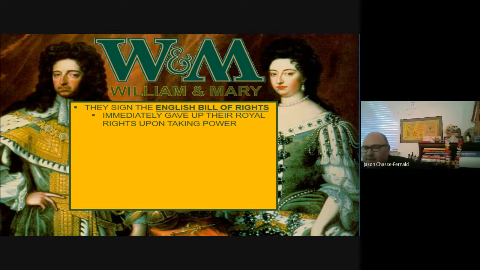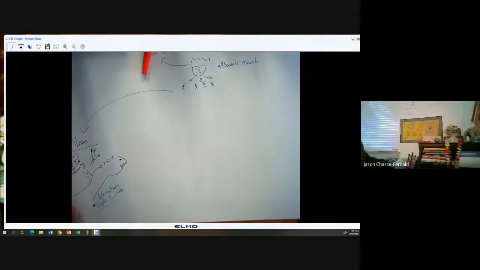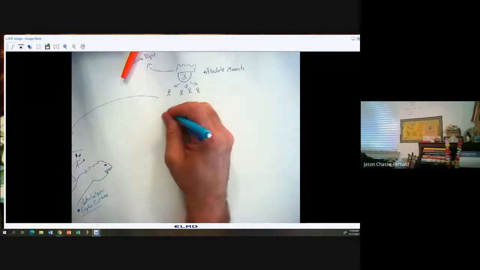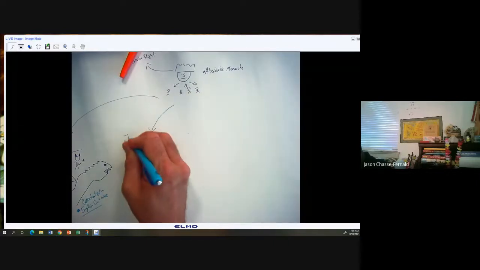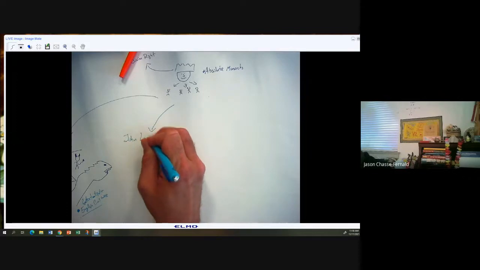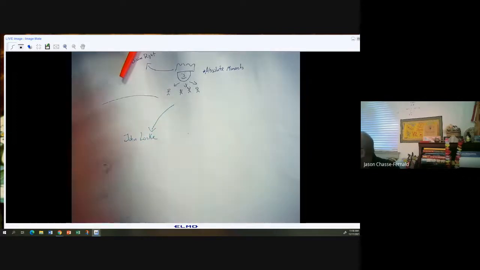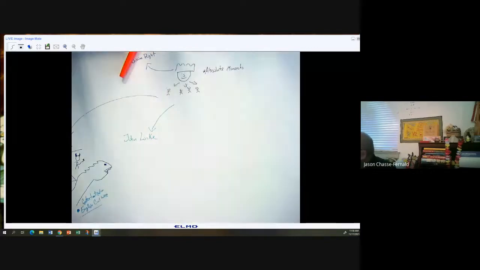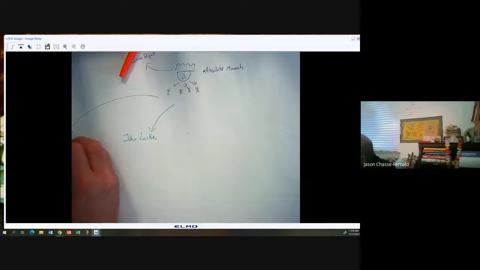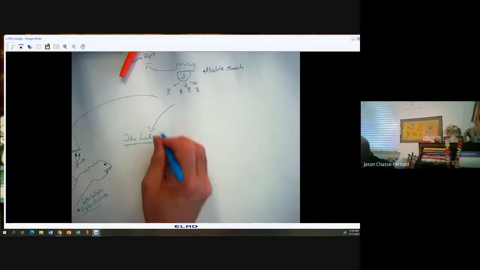So when we talk about John Locke, let's move to the next person. We know John Locke. What do we know about John Locke? I could highlight some of this, or at least denote the names here.